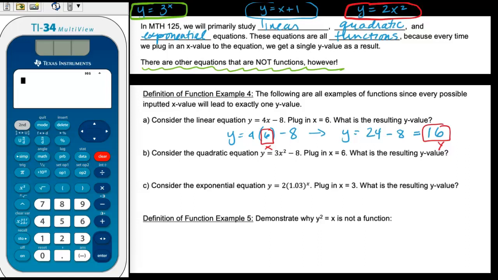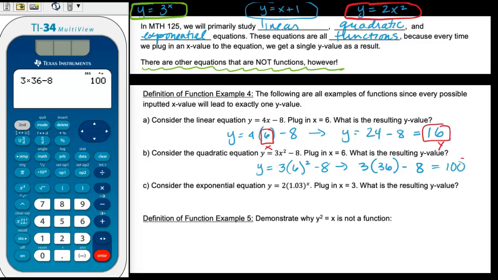Let's look at the second example. If we look at this quadratic equation, y equals 3x squared minus 8, we're going to plug in x equals 6. So I'm just going to write y equals 3 times 6 squared minus 8. That gives us 3 times 36 minus 8. If we plug that into our calculator, we end up getting 100.